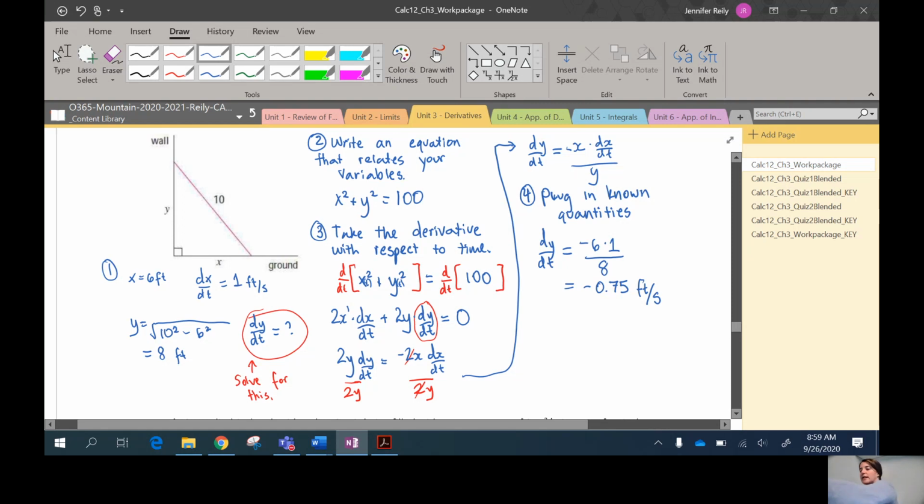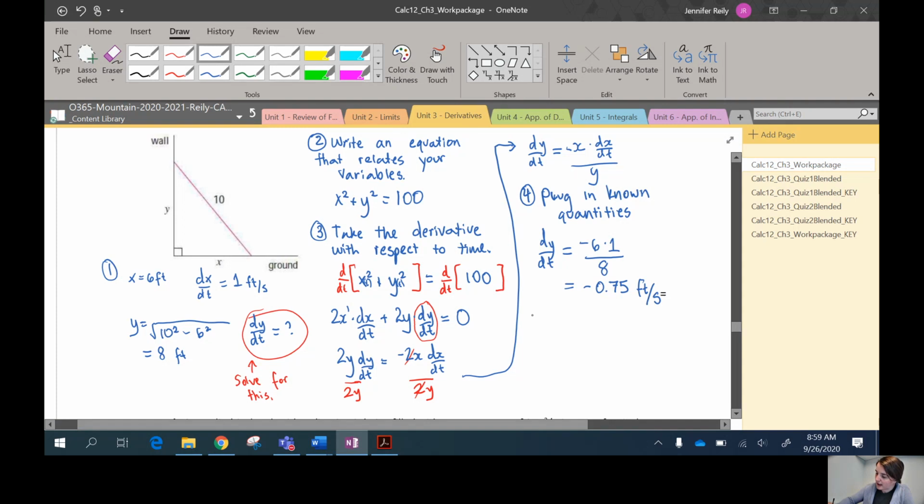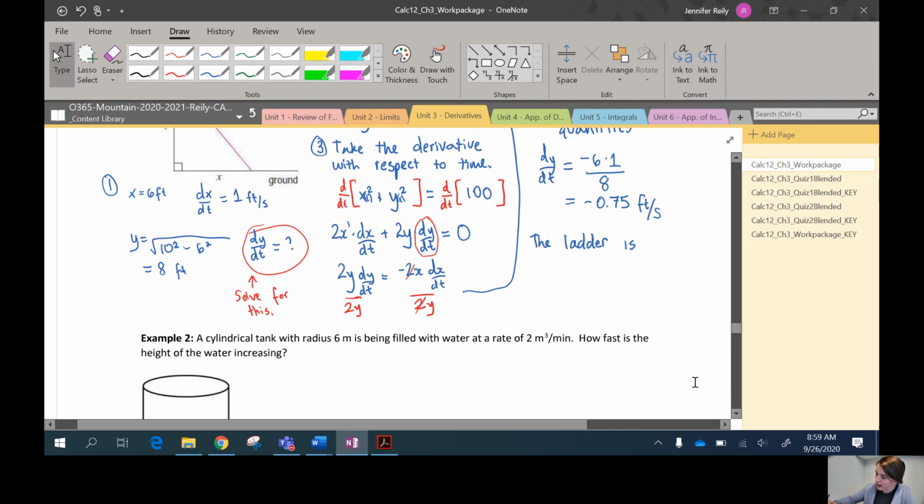So we need to write down a sentence that includes units and the situation. So we can say the ladder is, for some reason my computer is not liking what I'm writing down, falling at a rate of 0.75 feet per second.